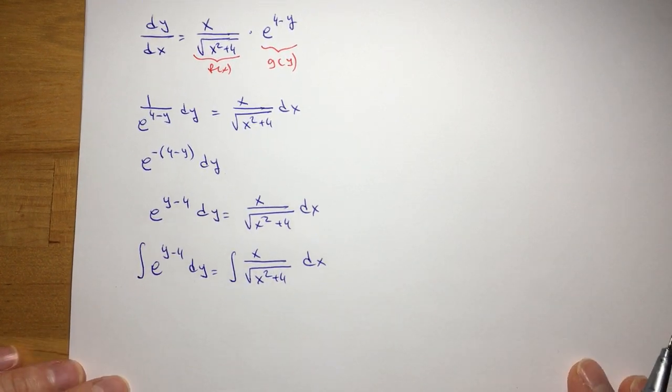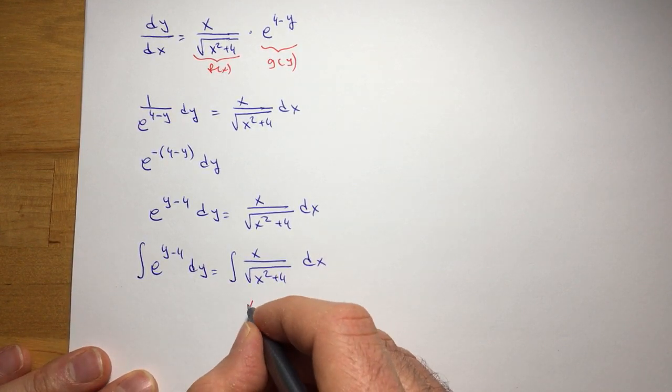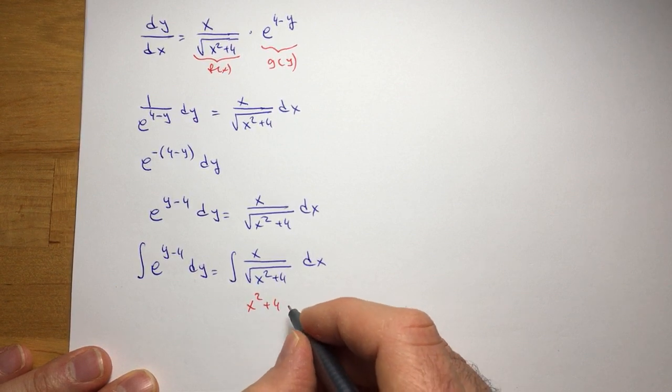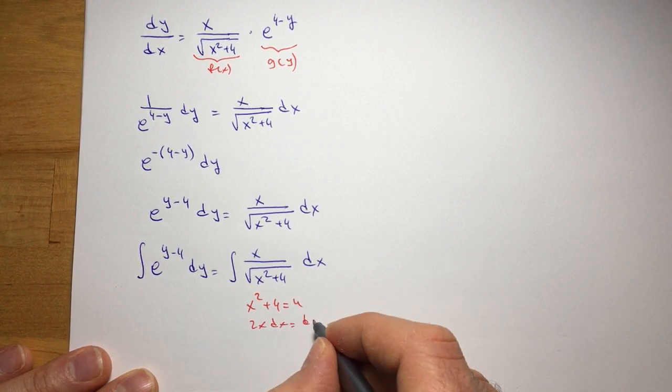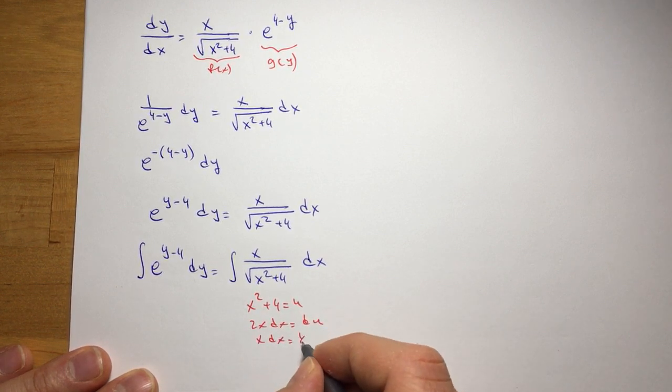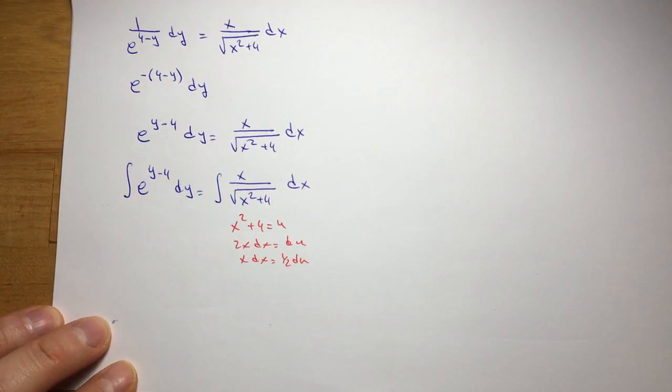Here, if you cannot see what this antiderivative is going to be right away, you can use the substitution rule. x squared plus 4 is equal to u, 2x dx is equal to du, x dx is 1/2 du, right?